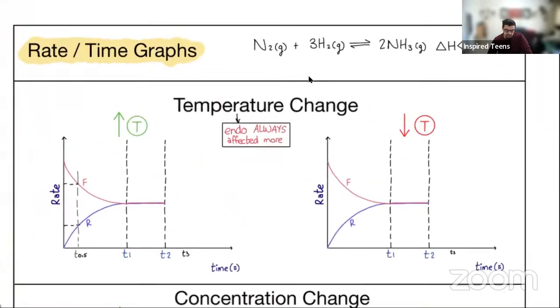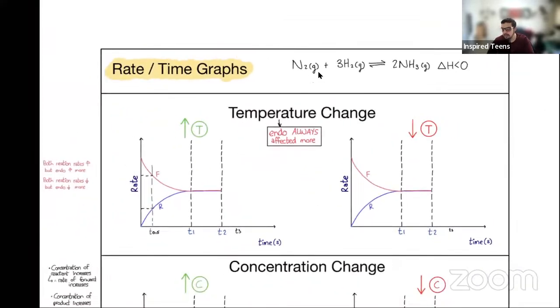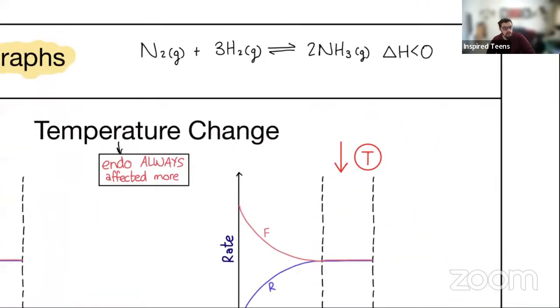Let's have a look at rate versus time graphs, which is where things get a little interesting. Firstly, we have the same reaction, this Haber process. And same, I don't know if we're going to use this, but probably the 4:2 molar ratio of gases.